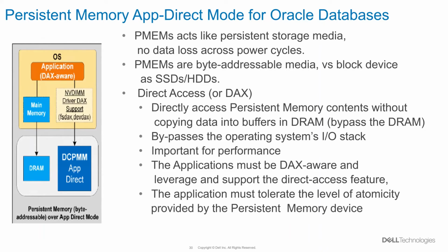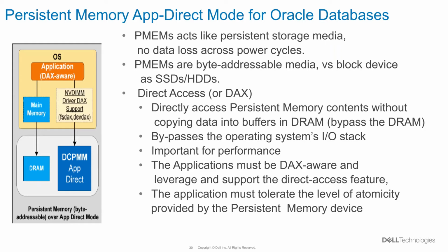One difference is that it is byte-addressable media, which means you read the data by byte, not by block. In an Oracle database, you configure a block size such as 8K, and if you configure an OS block, it is normally 512 bytes. But PMem itself is read by byte. That could potentially create a problem, which we're going to discuss shortly.